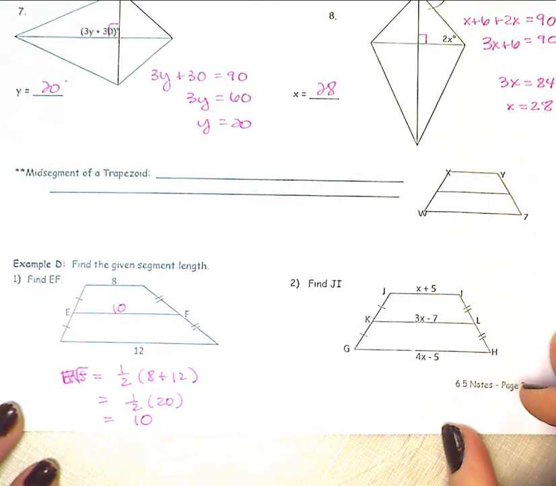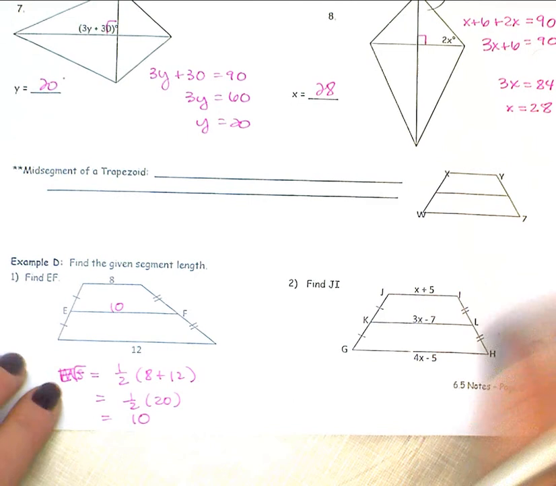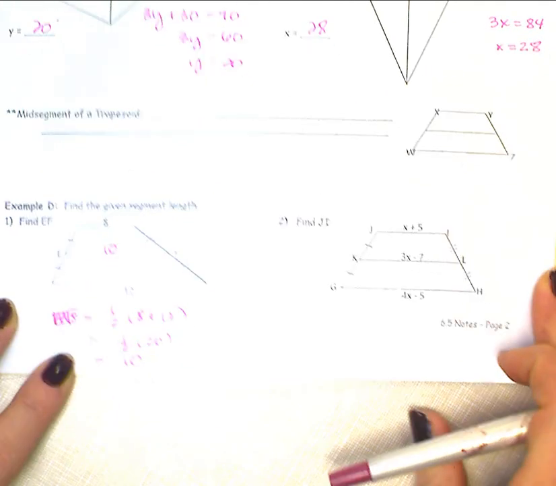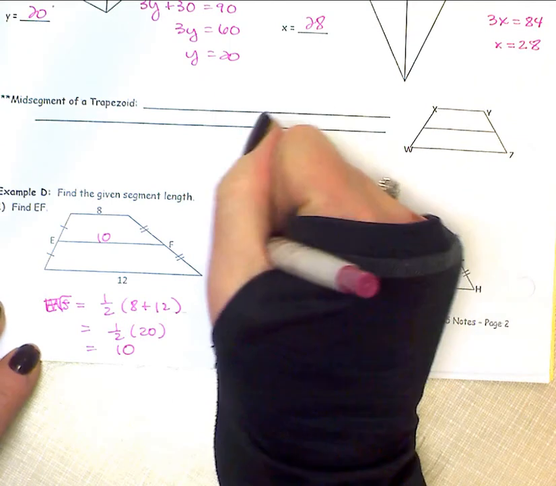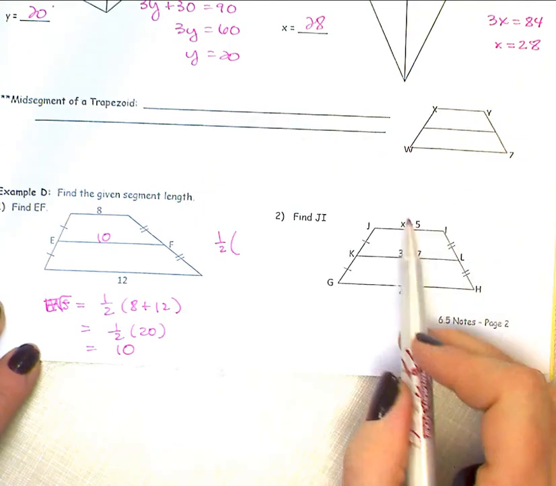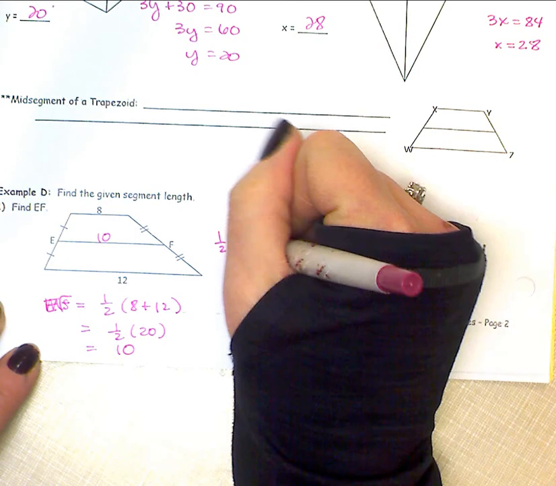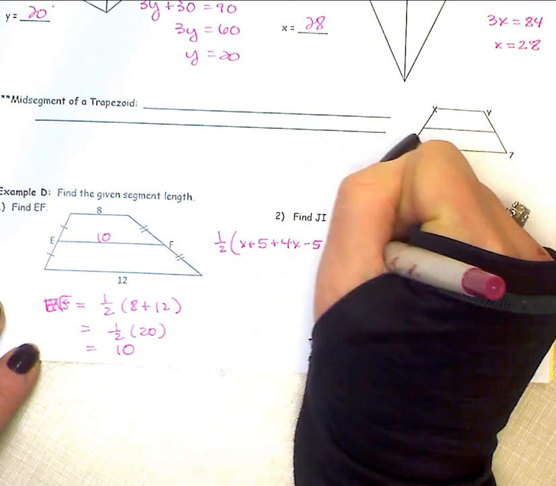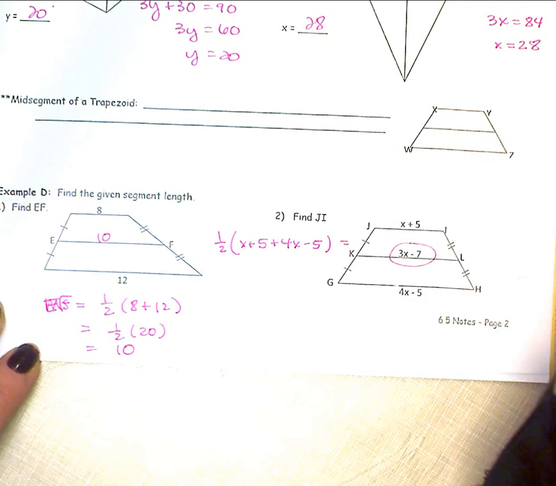Find JI. Again, this is a mid-segment. Gonna make you all dizzy. So this is one half of x plus 5 plus 4x minus 5 equals the mid-segment, 3x minus 7.